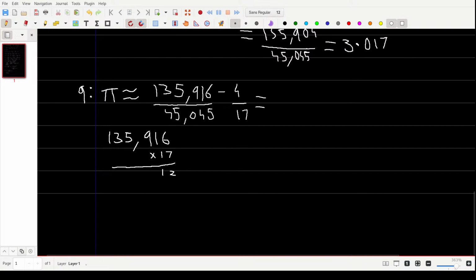63. So it's 4. 4 is going there. That's gonna be 6. And then that's 35. So 5 plus 6, that's 11, so you got 1 left over.